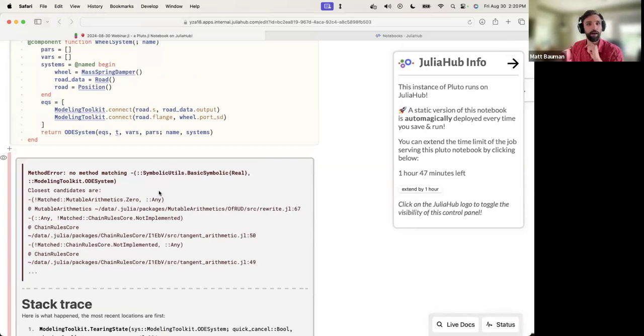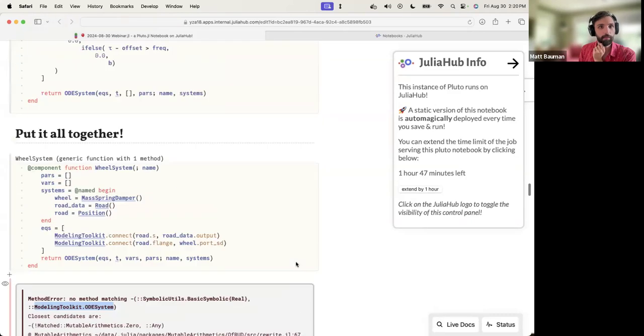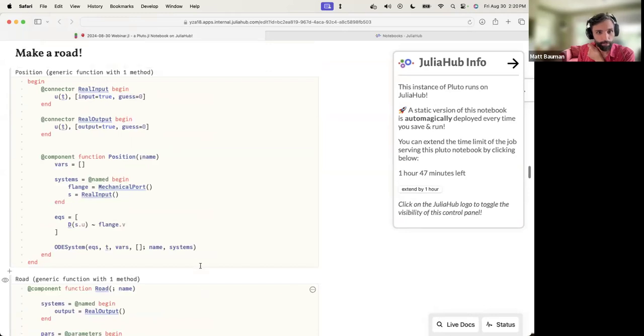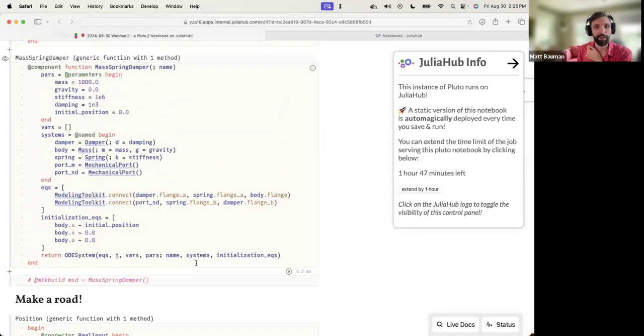I think I'm missing some. So what this error is saying is that I'm trying to subtract an entire system from a symbolic value, and what's probably missing here is I'm probably missing a dot f somewhere, or digging into the actual value in order to get the forces. So I think that's exactly what I'm missing. Let's see if I can find that quickly, because this is the fun part of actually being able to grab this.